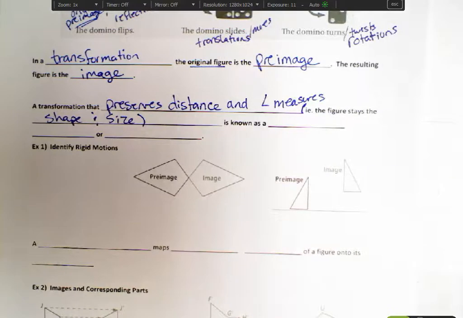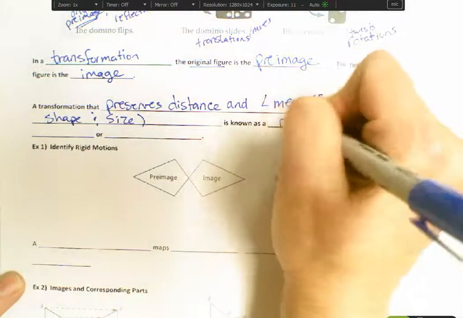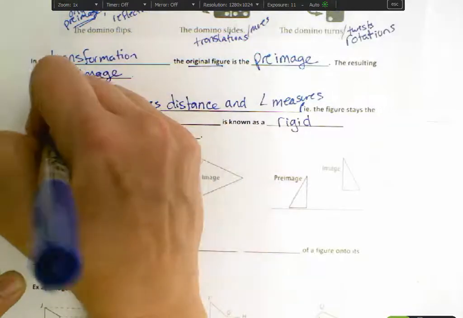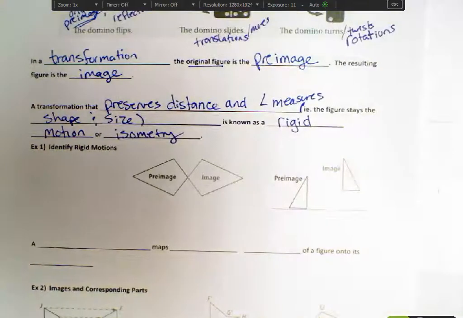So we're not doing any dilations, which are shrinking or growing our things. We're doing transformation. So my size and my general shape stays the same. I'm just moving it around. These are called rigid motion or isometry. That's what it means when I do a transformation that does not change the look of the figure.